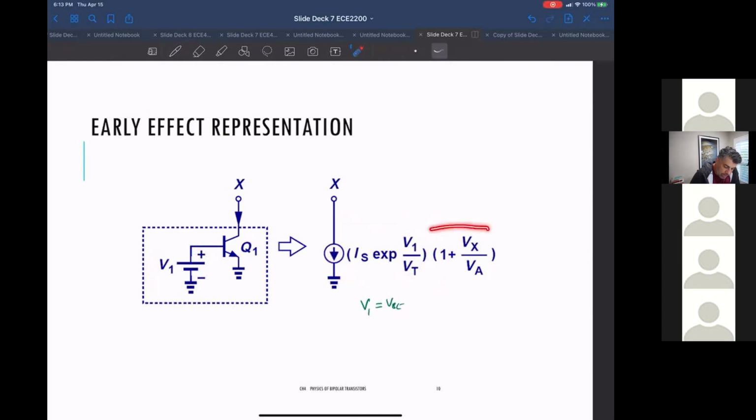But now we're adding a term, which is the VCE. This is Vx, the collector voltage. So Vx is VCE over a voltage VA. And this VA is called the early voltage.